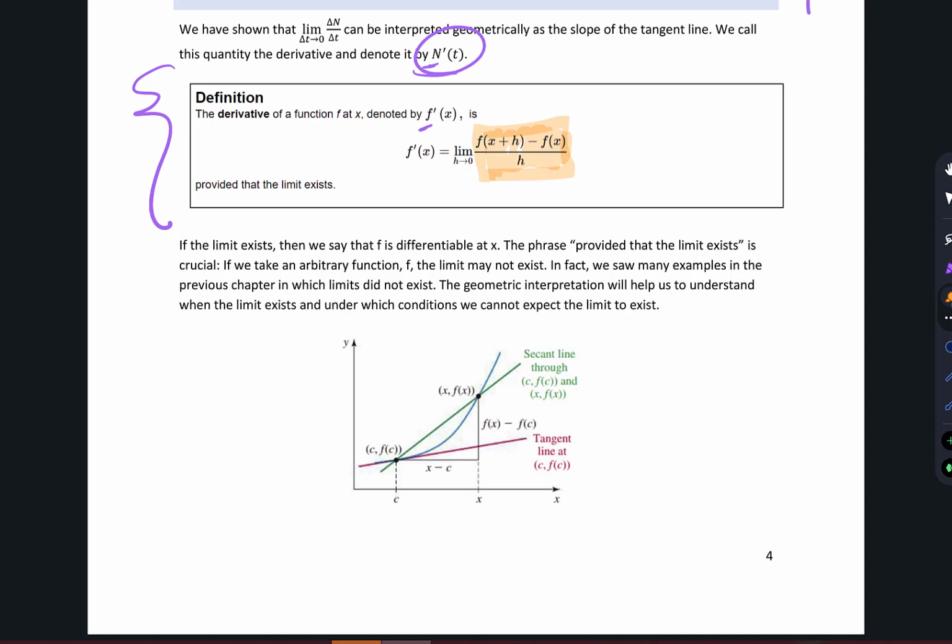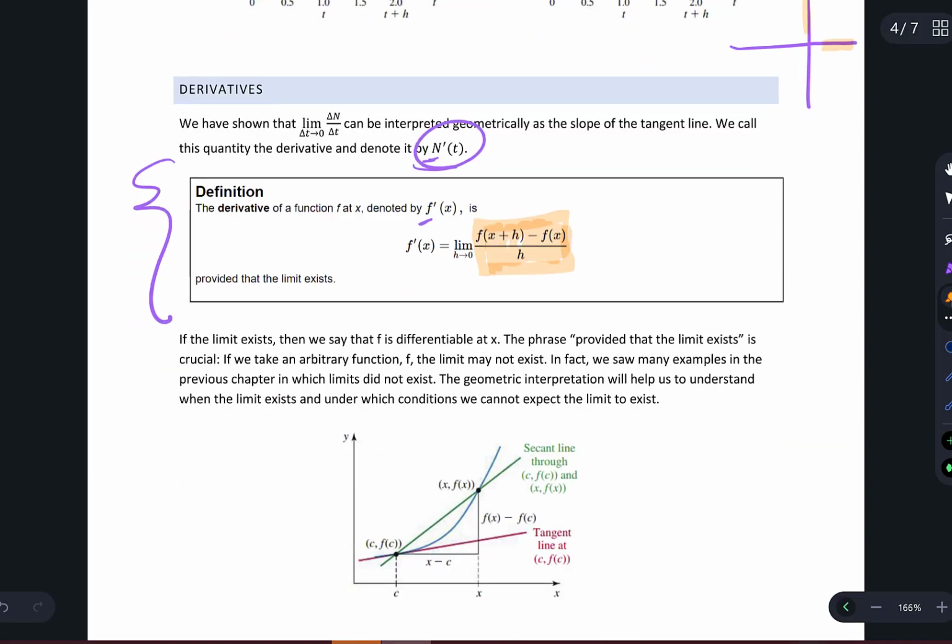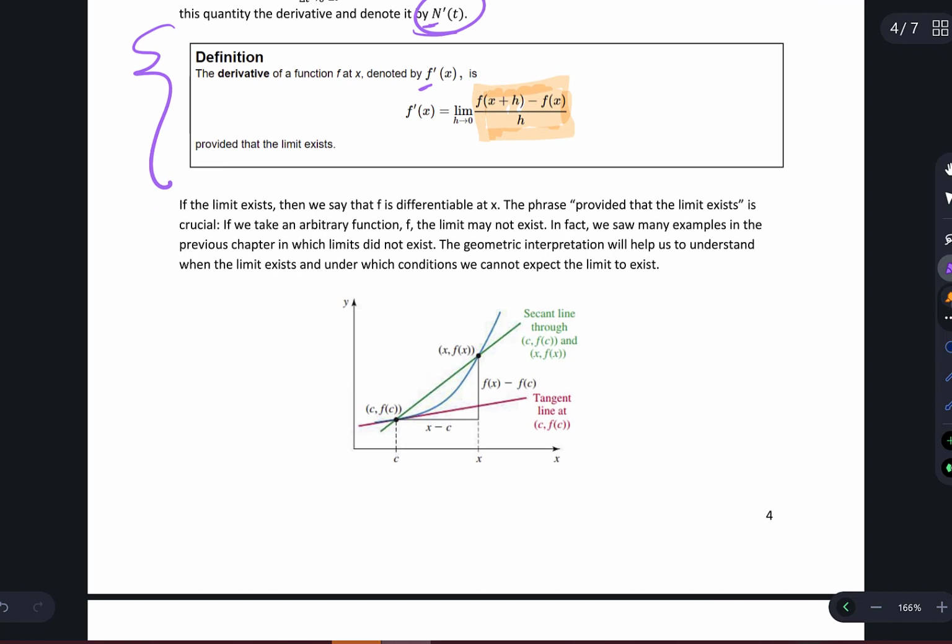So the geometric interpretation will help us to understand when the limit exists and under what conditions we cannot expect the limit to exist. And here is that exact picture that I was barely sketching up here. We have a much better version. Notice along the horizontal axis we have x, and along the y-axis we have y.